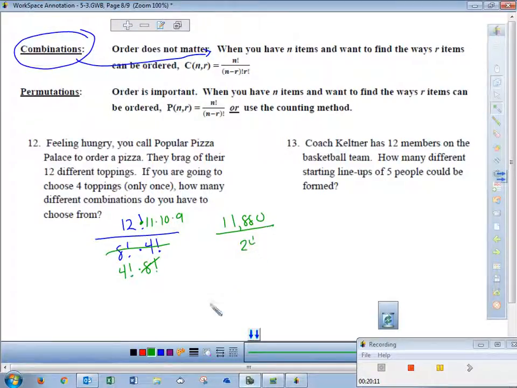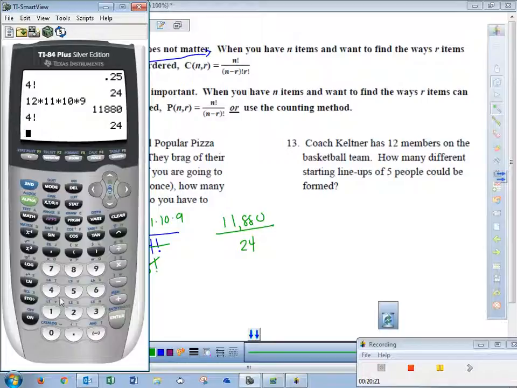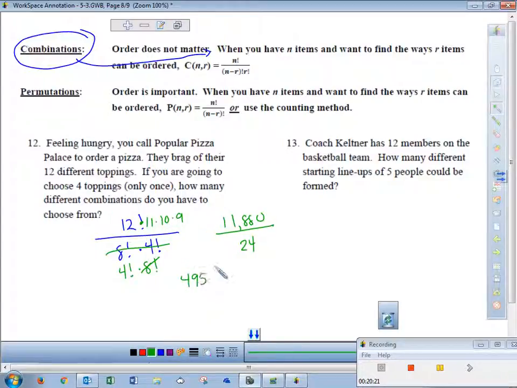And then you just punch that in, 11880 divided by 24. And there's 495 different ways you could order a pizza then, if you're choosing 4. That didn't circle the answer. So if you're going to choose 4 toppings out of the 12 and you don't repeat any topping, 495 different ways you could do it. Cool.